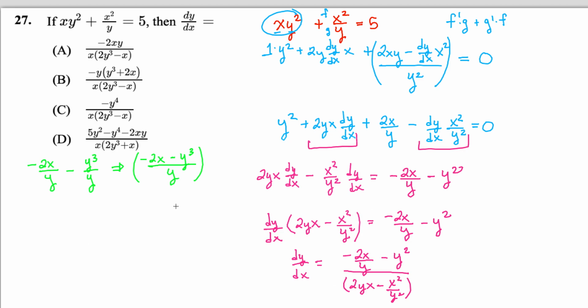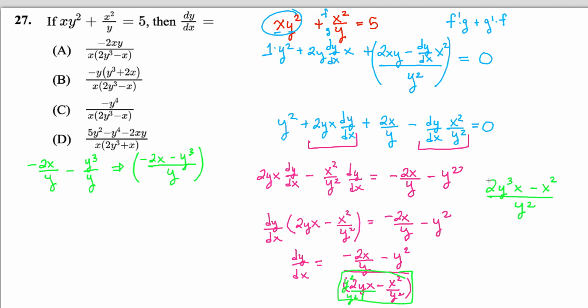So it's going to be 2y cubed x minus x squared, all over y squared. And you should see that this is equivalent to this bottom part. Why? I got a common denominator. So this was over 1, so I multiplied by y squared on the top and bottom of this term, and I get this here.